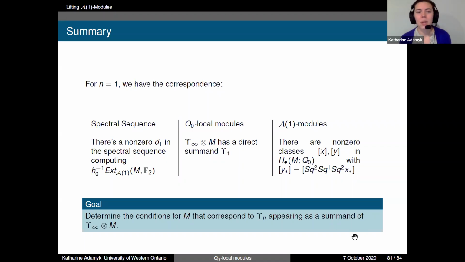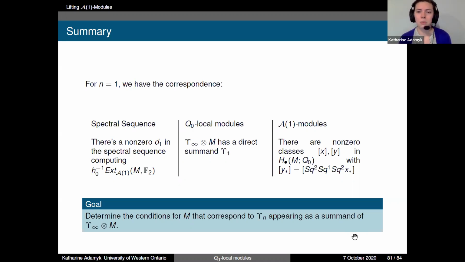But in the case where n is equal to 1, because we have an explicit formula for D1, we don't have to compute this tensor product. I have this correspondence between a non-zero differential in the spectral sequence. If it's D1, that corresponds to the Q0 localization, the infinite Seagull tensor M, having a direct summand that looks like a 1 Seagull.